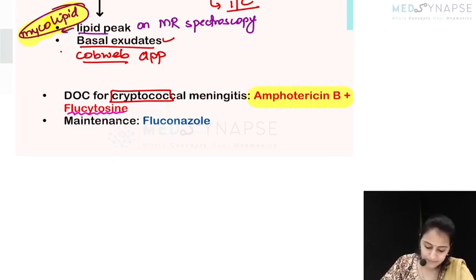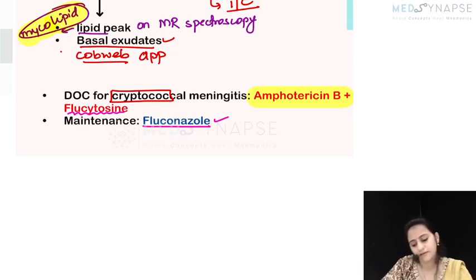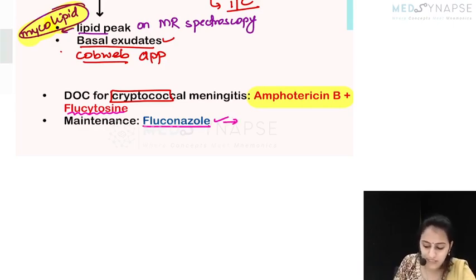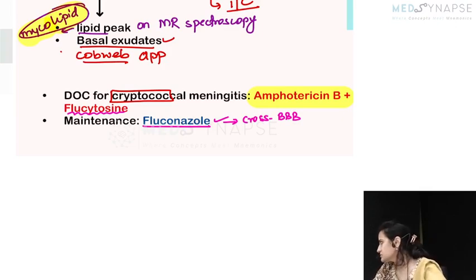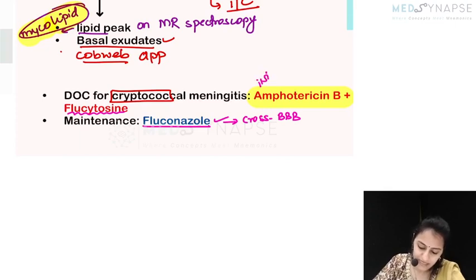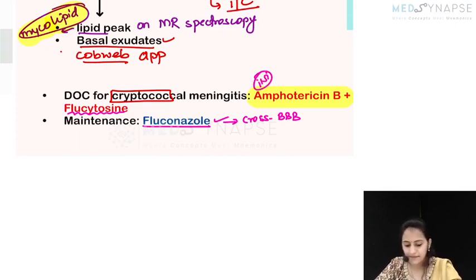Once the initial induction phase is done, then for the maintenance you give fluconazole. Why fluconazole only? Because this crosses the blood-brain barrier. The azole which crosses the blood-brain barrier is fluconazole. So remember, first is amphotericin B with flucytosine, again asked in one of the recent INICET exams.